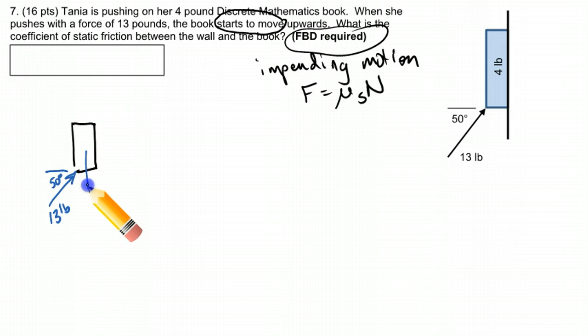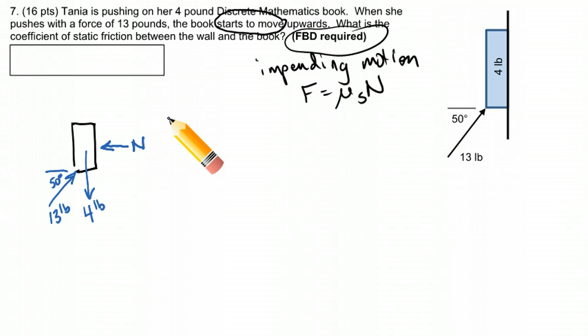Okay, we're going to have a weight of 4 pounds. We're going to have a normal force. And we're going to have a friction force that resists motion. It's going to be parallel to the wall.